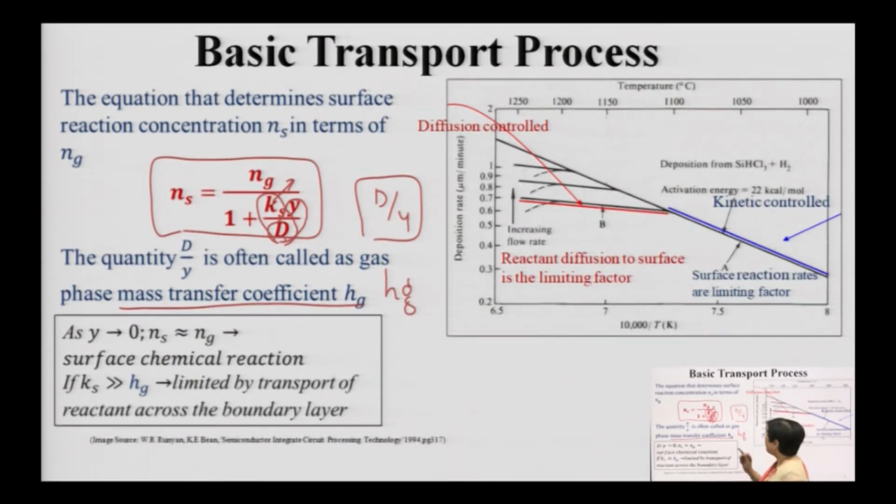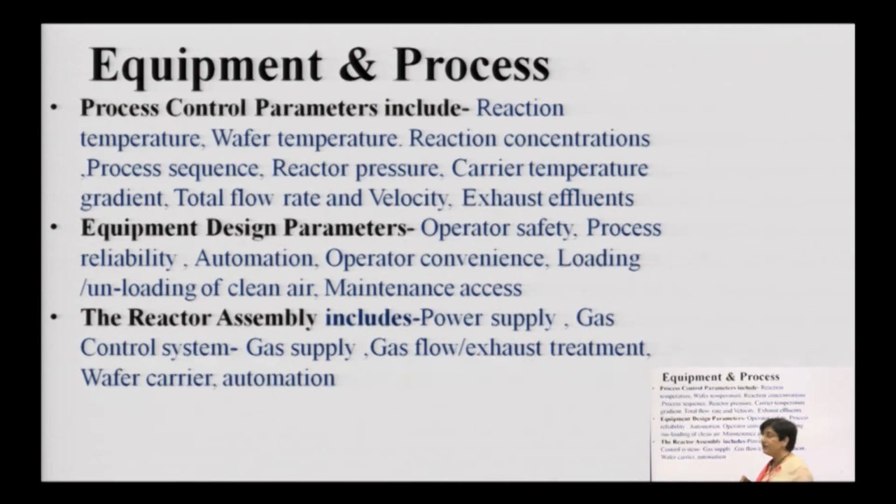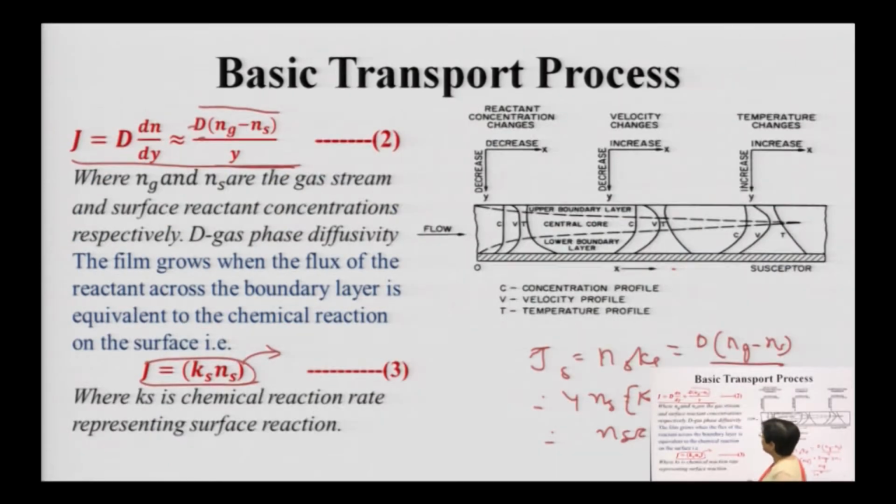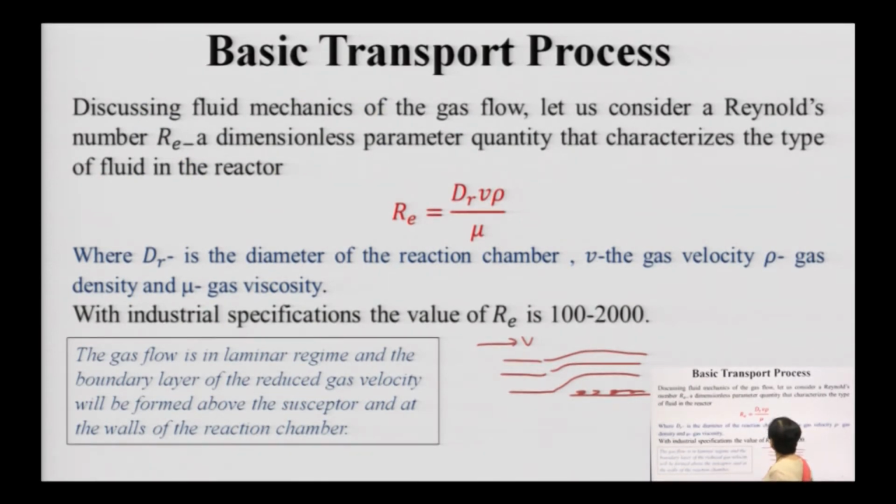Now, please understand why we need to consider this. The reaction happening in the chamber must be within the boundary conditions, uniformly happening, because the wafers placed on this have laminar flow. There is one more thing I forgot to tell you. I mentioned that this value of Re is around 100 to 2000.